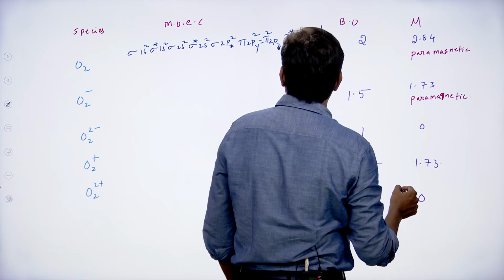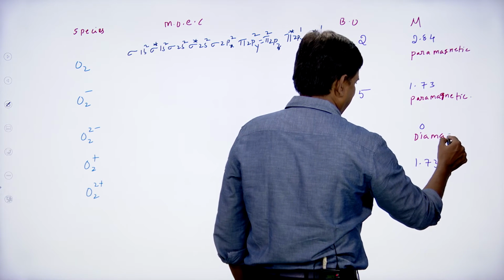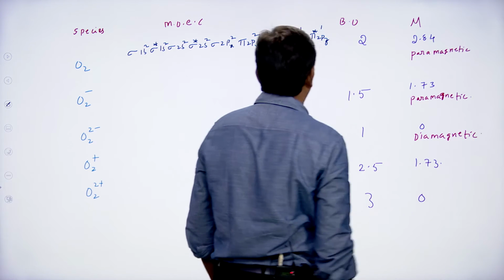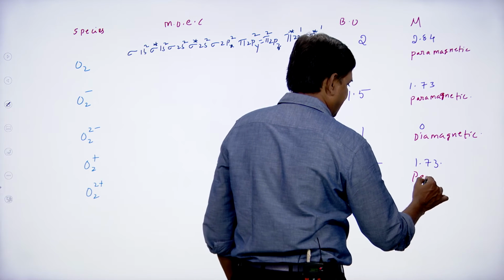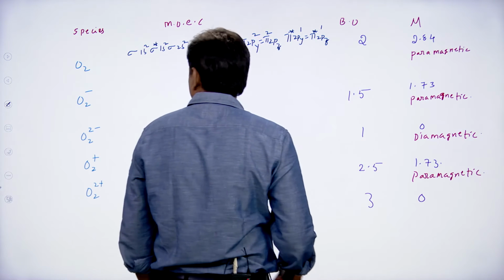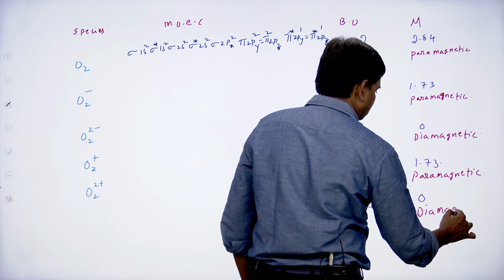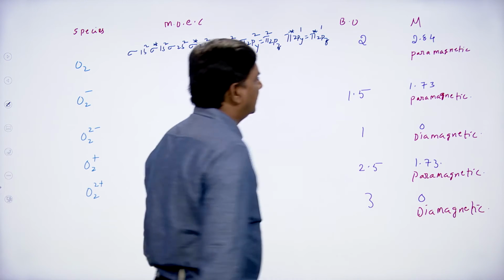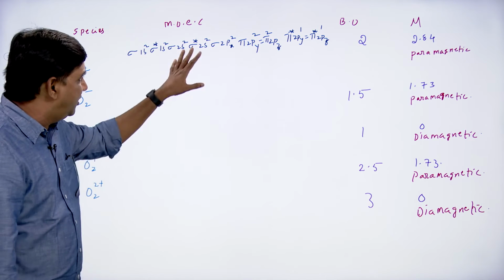And this is diamagnetic, and O2 2 plus is diamagnetic. Like this. This table is very important, students. This electron configuration you fill up on your own.